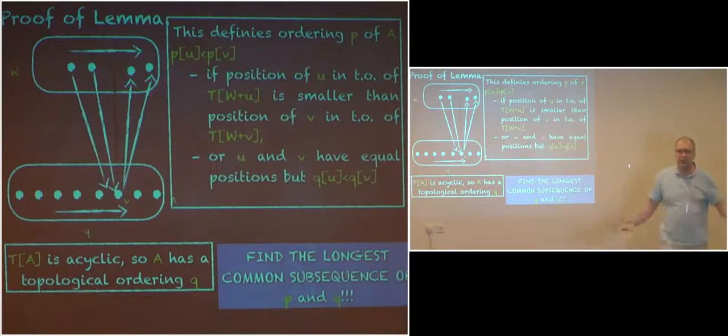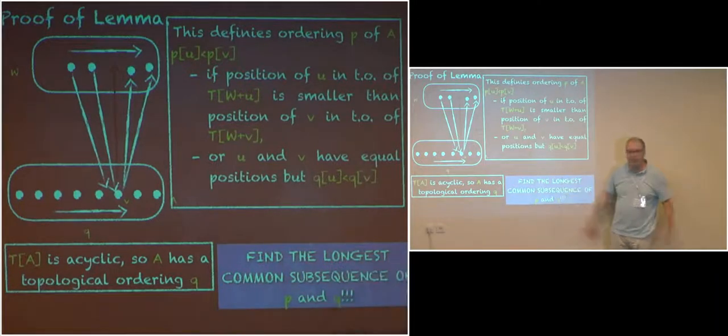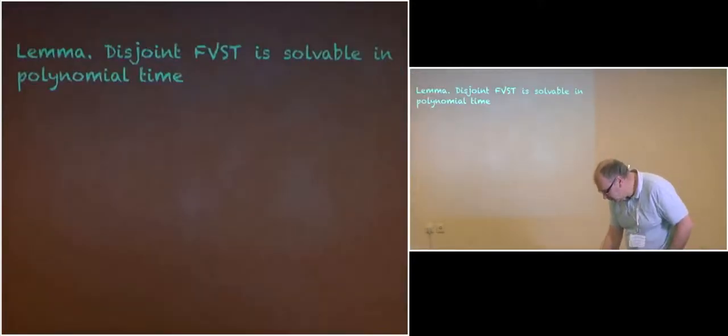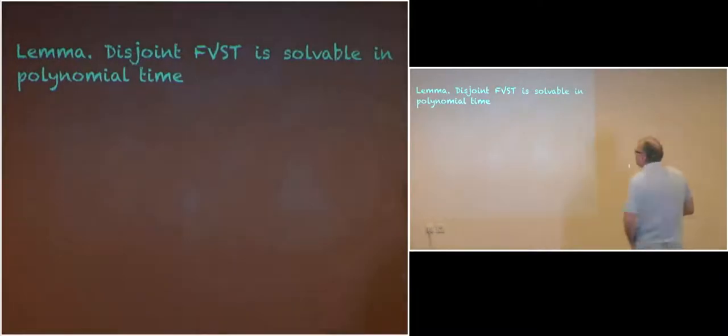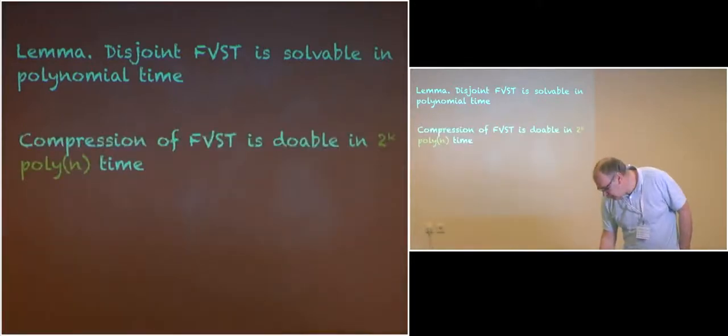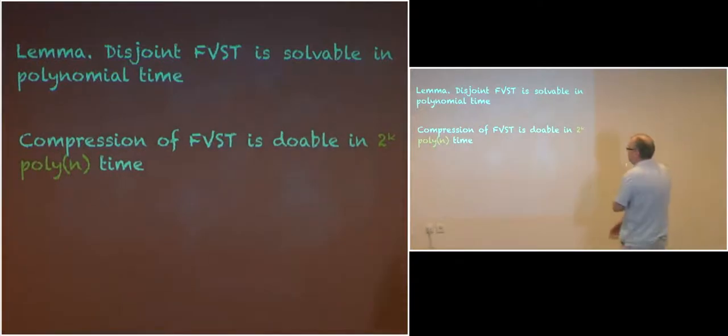So that's it. Everything reduces to the construction of the orderings, or the sequences, and then I have to find the longest common subsequence of these sequences. And here I'm done. So this shows how disjoint feedback vertex set is solvable in polynomial time, which means that the compression part of the algorithm is also doable in 2 to the k times polynomial time.